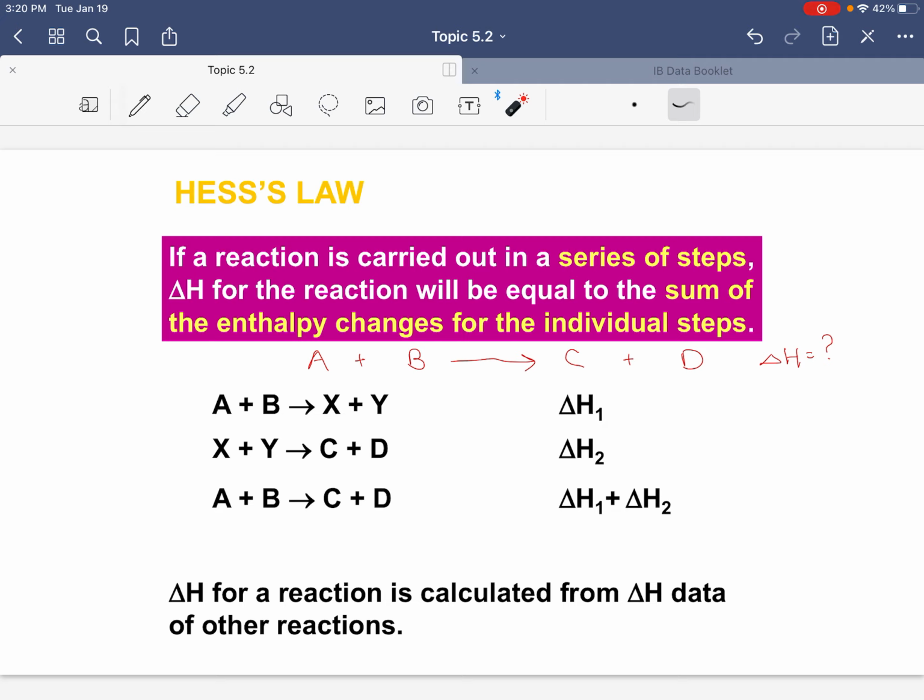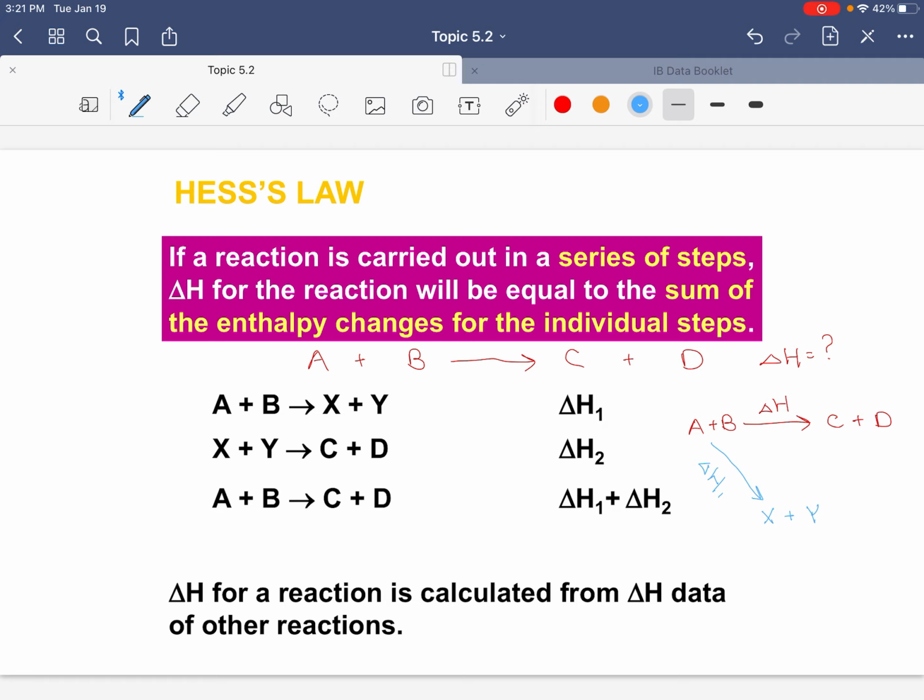Now, of course, I can do this a little graphically, to give you a little rundown of what's going on. So A plus B gives you your desired C plus D, which has a certain delta H. But, well, life is not simple. A plus B will have to do a little detour to give you X plus Y. This reaction has a certain change in enthalpy called delta H1.